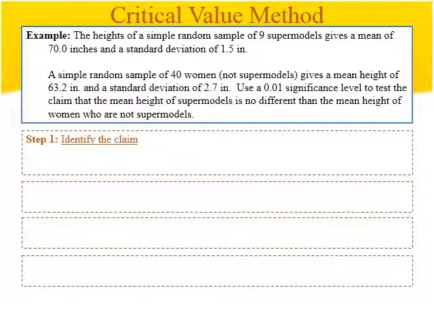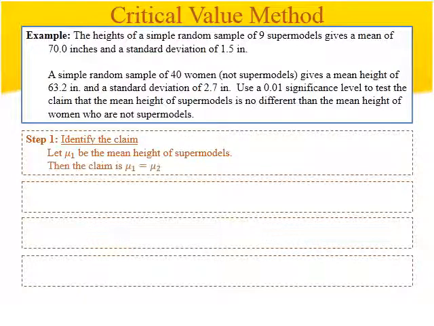So first of all, we'll identify the claim, and to do that, let's first identify which one we'll call mean 1 and mean 2. So I'm going to call mean 1 the mean height of supermodels, which means mean 2 will be the mean height of women who are not supermodels. So the claim is that there's no difference between the mean height of supermodels and the mean height of non-supermodels. That is, mean 1 equals mean 2.